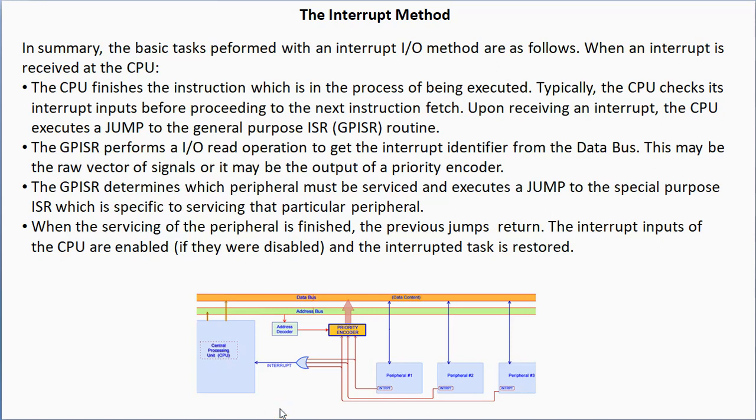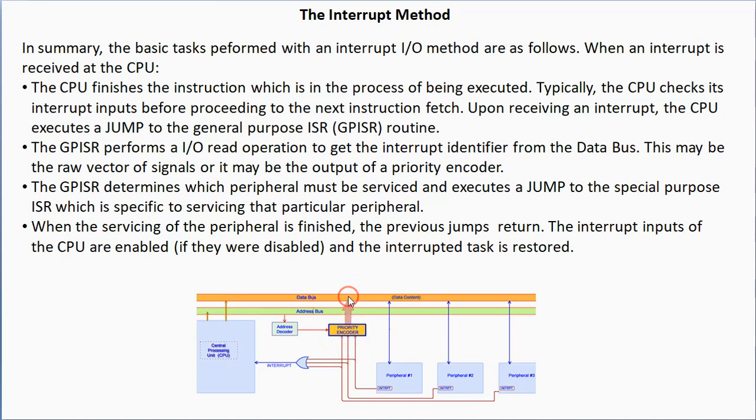The general purpose service routine performs an IO read operation to get the interrupt identifier from the data bus. This may be the raw vector of signals, or it may be the output of a priority encoder.